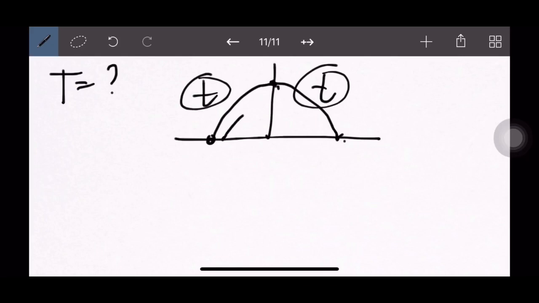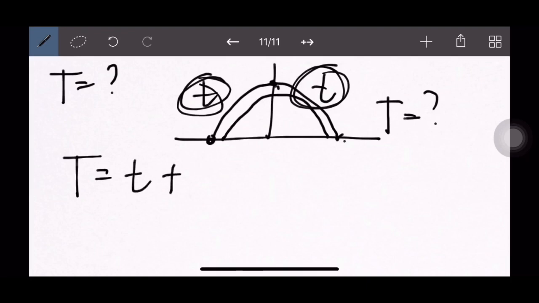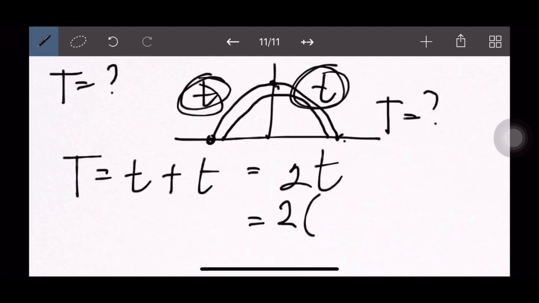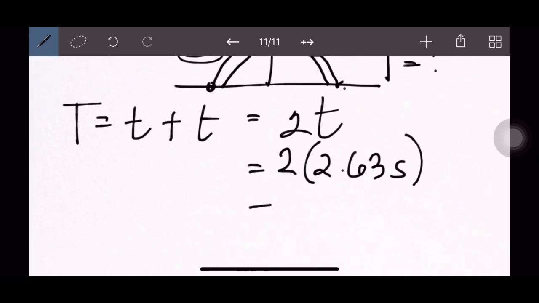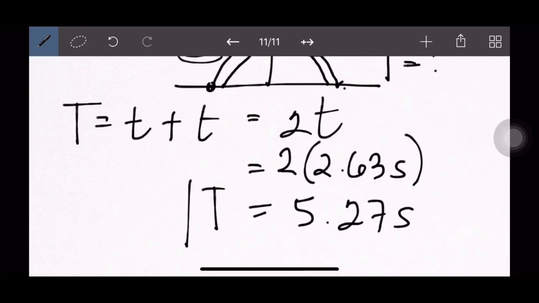So from here going there, that's the total time of flight. Okay, so to solve that, you will just simply add the 2. So you can put t plus t, or simply multiply the t by 2. So you have 2 multiplied by 2.63. This one was solved earlier. So now we have the value for the total time of flight, that is 5.27 seconds.